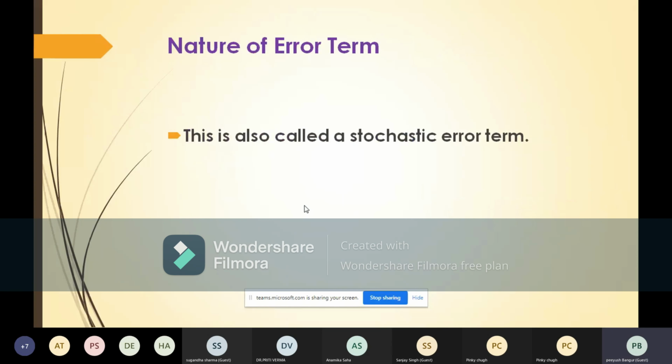Nature of the error term. This is also called the stochastic error term. See, again, the answer to the participant who asked 5 minutes ago: how will the error term behave? The answer is that the error term is stochastic. That means it is not fixed. It changes with every data point.